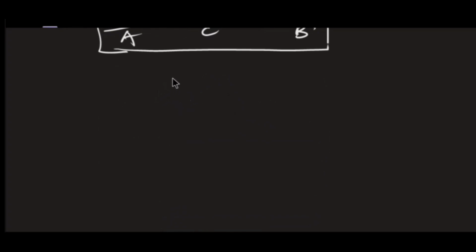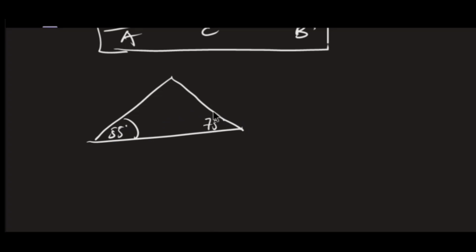So I have this triangle here. In this triangle I have 55 degrees. This side I have 75. Then I have A, B, C, so this is triangle ABC. Then I have this side to be 6 centimeters. Right.